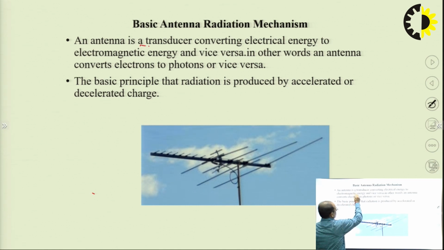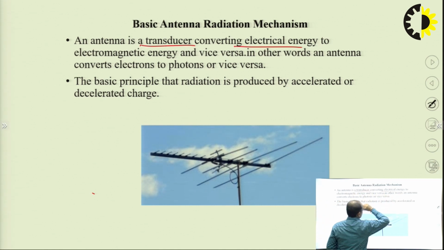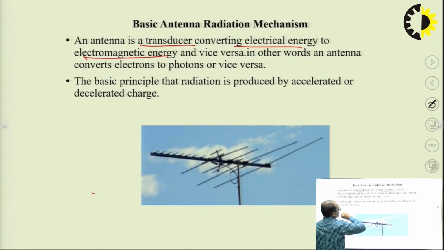It converts one form of energy, electrical energy, into electromagnetic energy at the transmitter side, and at the receiver side, the electromagnetic energy received at the antenna is converted into electrical energy. So you can say that the antenna converts electrons to photons or vice versa.